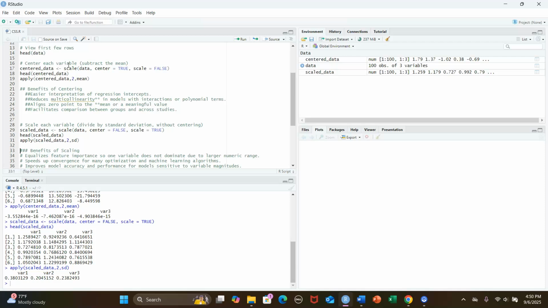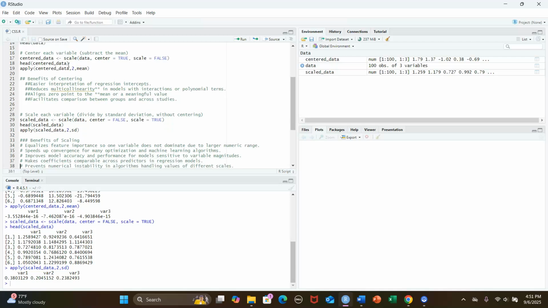This is because the scale function did not use the sample standard deviation. It used another standard deviation, since when you're not taking into account the centering, you don't get a scaled standard deviation close to 1.